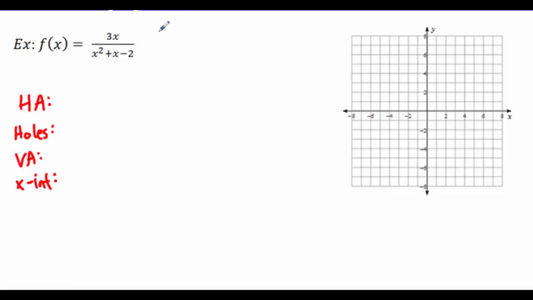All right, what we want to do is find the horizontal asymptote. So this x to the first on top and this x squared on bottom is what I care about. There are more x's on the bottom, because an x squared just matters more for a horizontal asymptote than an x to the first. Because of that, the bottom outweighing the top is going to make our horizontal asymptote y = 0.